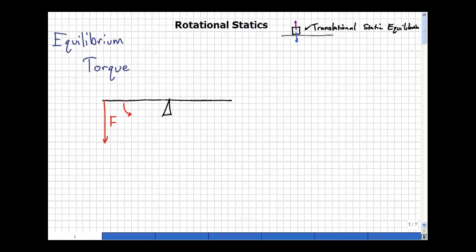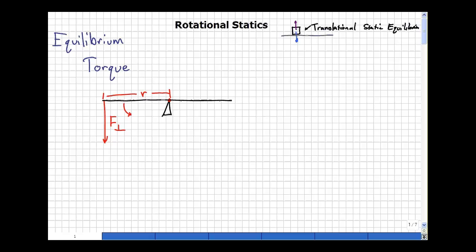But depending upon where you apply the force, you get a different amount of leverage. So you probably understand that the closer you are to the point of rotation, the less mechanical advantage you have. So the concept of torque takes into account the distance from the center of rotation that the force is applied. But we need to understand that the force must be perpendicular to the radius.